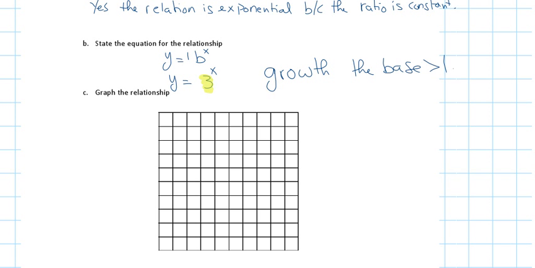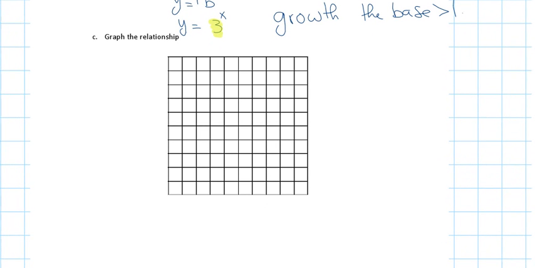So if I want to graph this, I might not be able to graph everything.